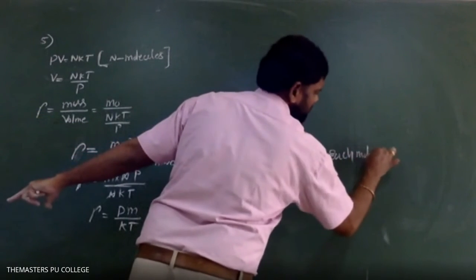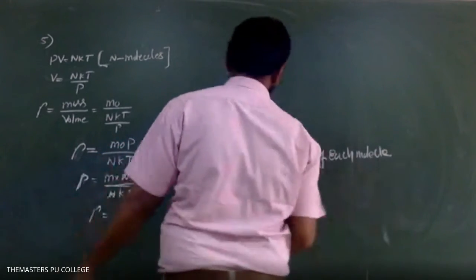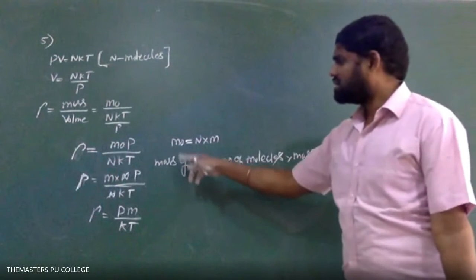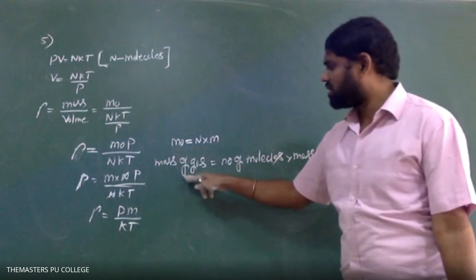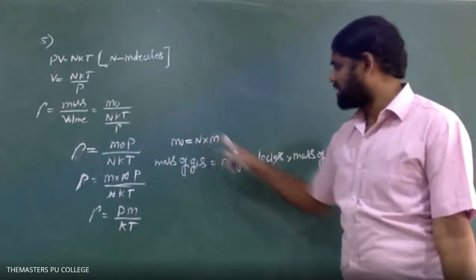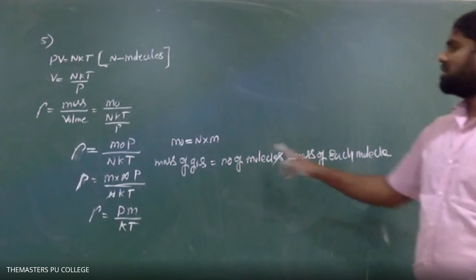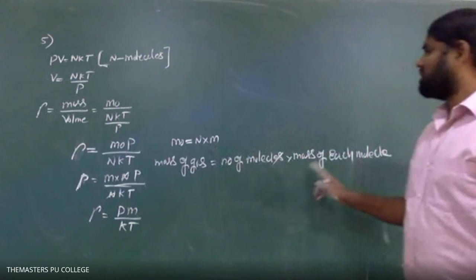I wrote it in small letters, so if you want, I can narrate this. This m naught is equal to the mass of gas, that is, the total number of atoms in the gas times the mass of each molecule. That is called the mass of the gas.